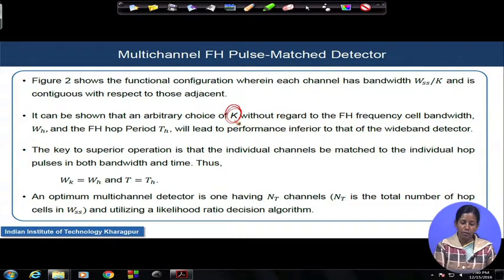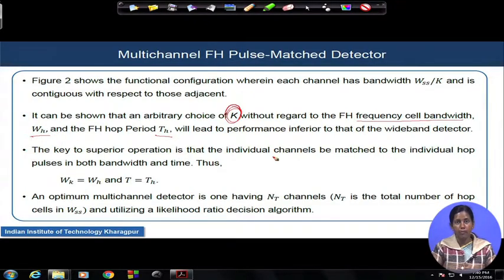That means when k is chosen, it has a very good relation. It should be considered inherent with the frequency hopping cell bandwidth, which is WH, and the frequency hopping period TH. They will make the performance inferior if you choose the value of k without proper knowledge of WH and TH.